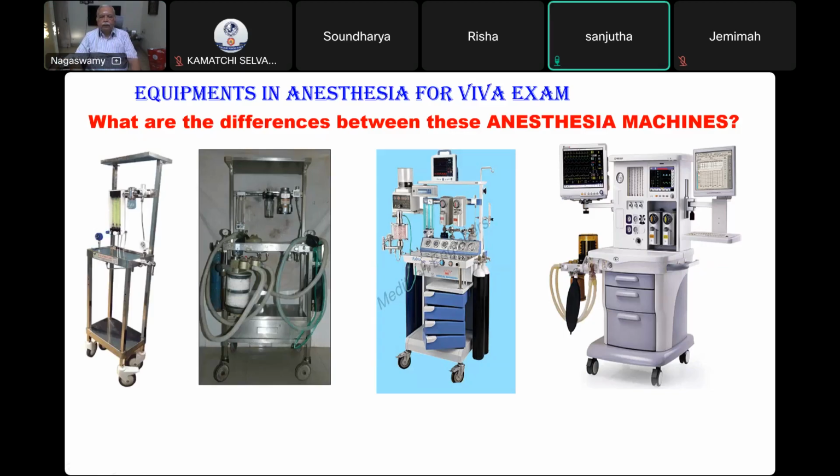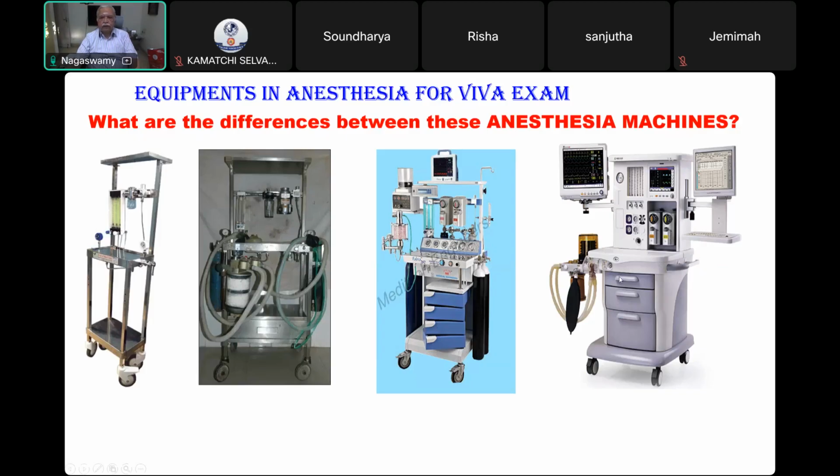In the first two, vaporizers are not there. Vaporizers are there in the others. It is pneumatic, sir. It is electrical and pneumatic. Mainly all of the older machines are pneumatically operated, that is, they work on gas pressure, whereas here it requires electrical supply also.